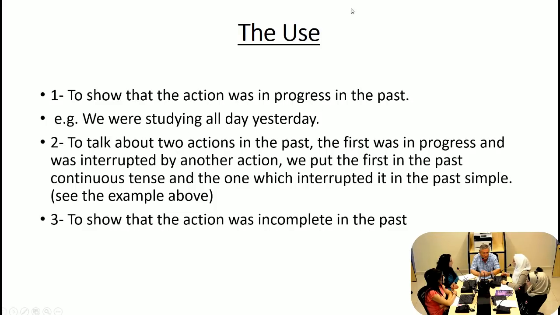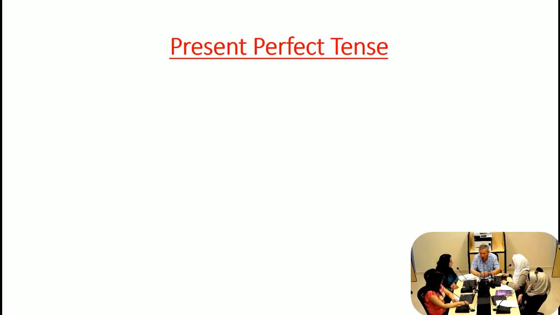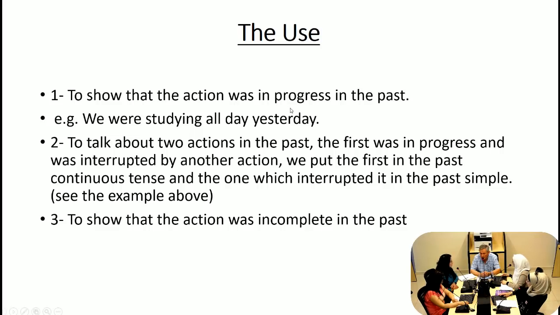To talk about two actions in the past, the first was in progress and was interrupted by another action, we put the first in the past continuous tense and the one which interrupted it in the past simple. For example, I was having dinner when the phone rang. Third, to show that the action was incomplete in the past. And we always say when the action is incomplete, it is in the continuous, present, past, or future.